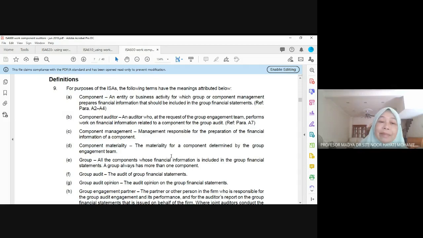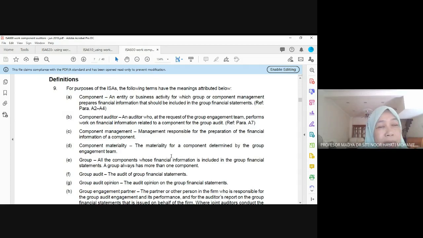Obviously, it will be the subsidiary, because the holding of the company in the subsidiary is greater than 50%. The holding company has invested in the subsidiary company more as compared to the associated company.